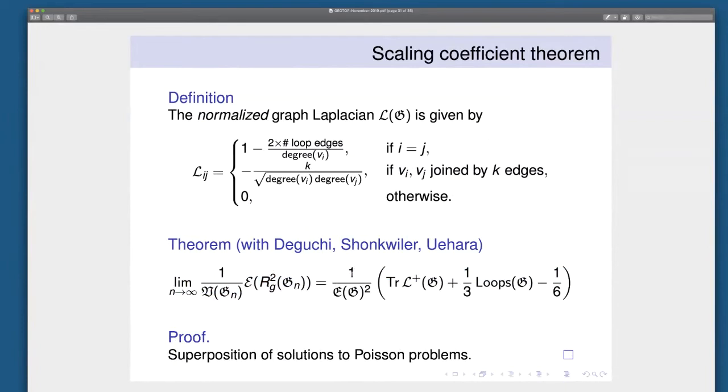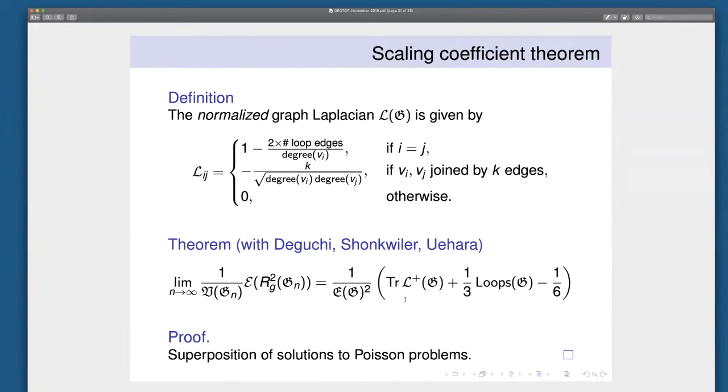The formula says 1 over the number of edges in the original structure graph squared plus the trace of the pseudo-inverse of a modified graph Laplacian plus 1/3 times the number of loops in the graph minus 1/6.